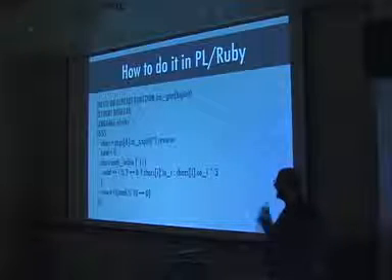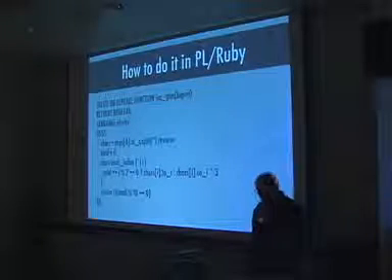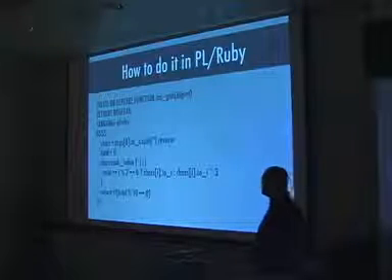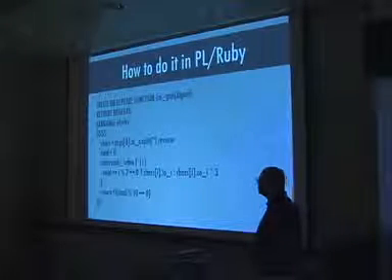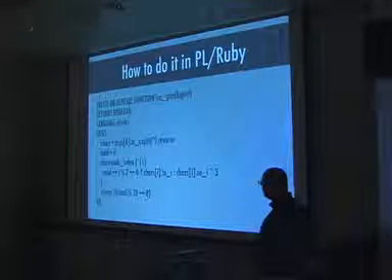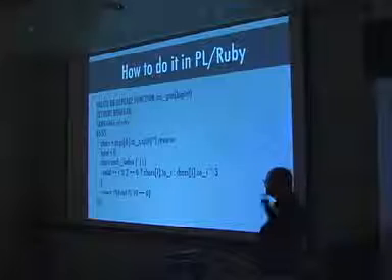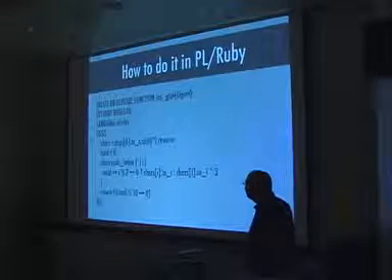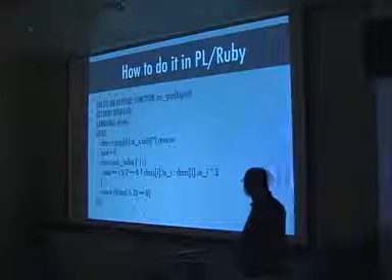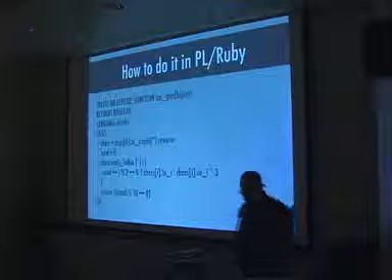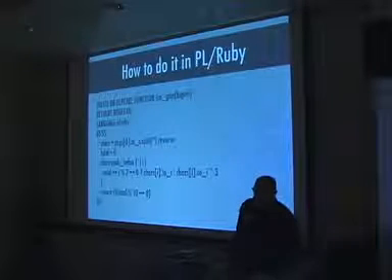Actually, I could have used some of the enumerable methods in Ruby to make this a lot simpler, a lot more elegant, but I wasn't sure they would work in PL Ruby. They wouldn't in PL Ruby U. Oh, okay. We can use enumerable, but I don't want to give you that much trouble. Well, thanks. I confess I only tested this code once, and that was at OSCON this year.